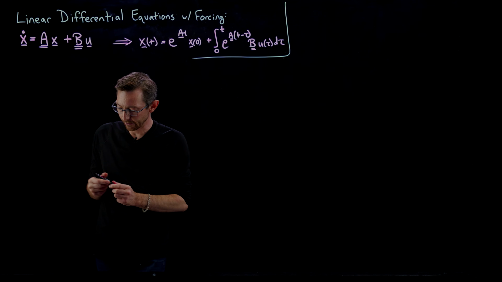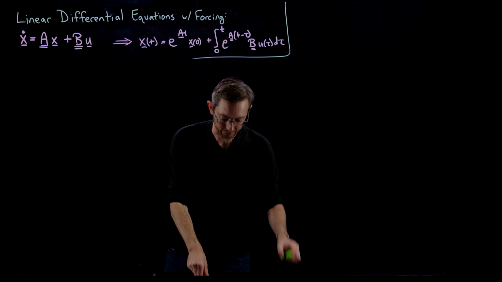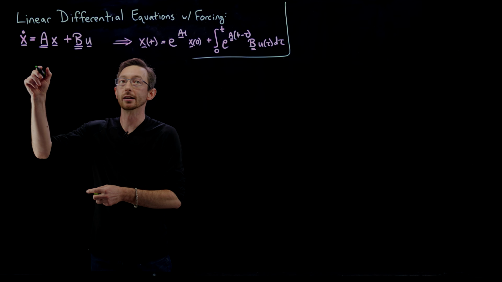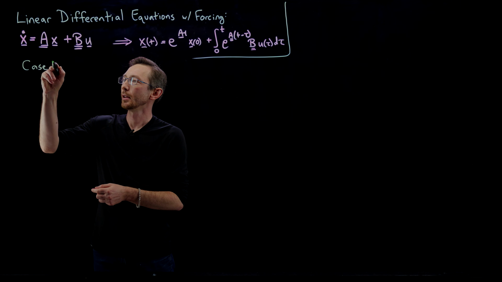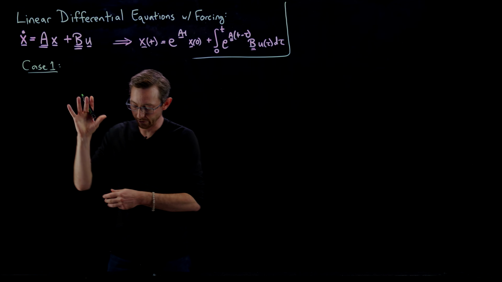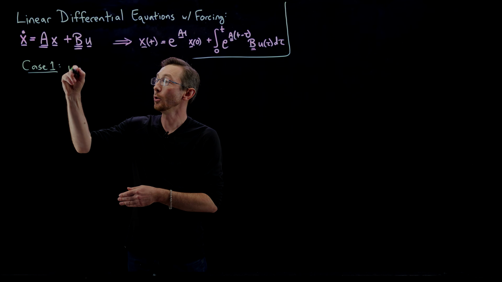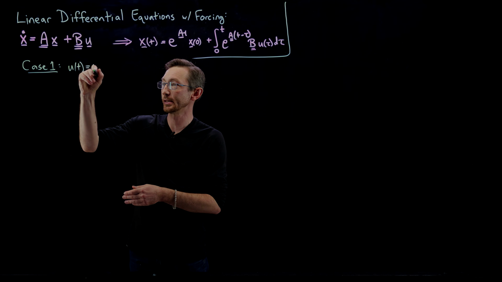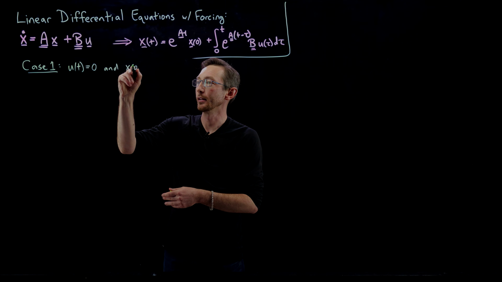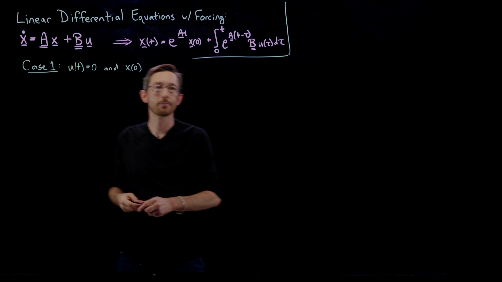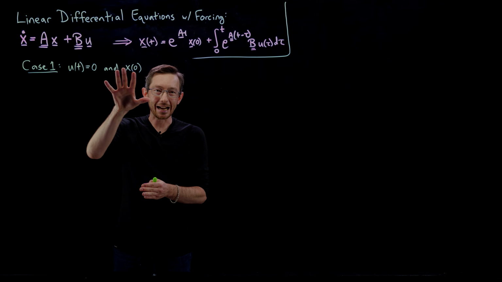Okay, so the first thing I'm going to do is case one, which is going to involve no control, so u of t equals 0, and some initial condition x naught. Okay? This is the trivial case.